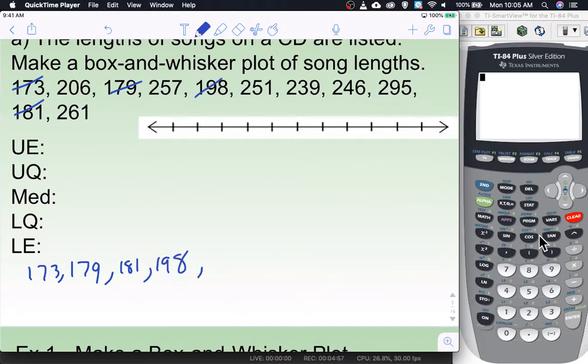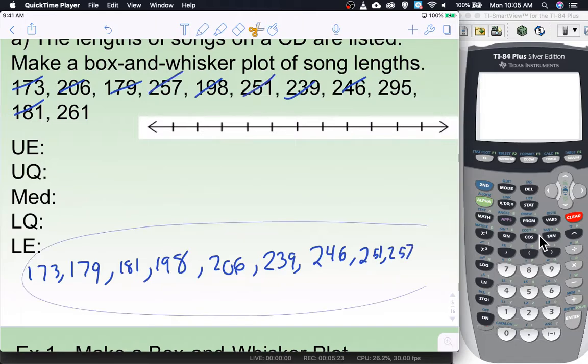And now we're in the 200s. 206. There's nothing in the 210 range. There's nothing in the 220s. There's a 230. There's a 240. There's two 250s, 251 and 257.